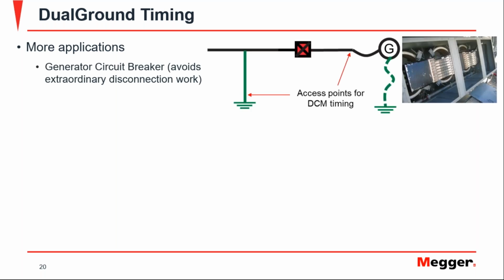First, generator circuit breakers. When disconnecting, you always want to have one side grounded, and having this side ungrounded is not the safest thing. Again, you are exposed to all of those situations. So the best thing is to have this side grounded.